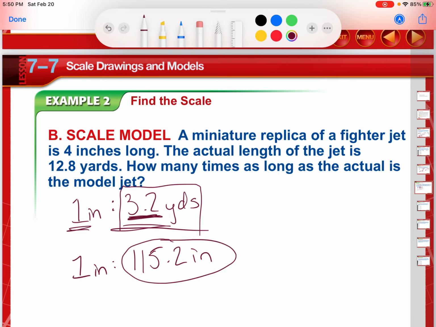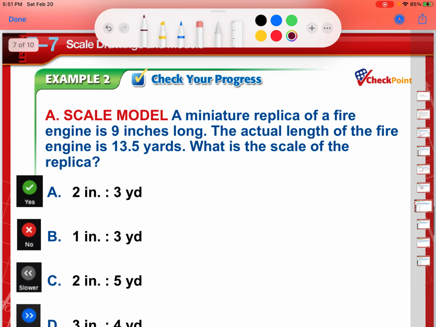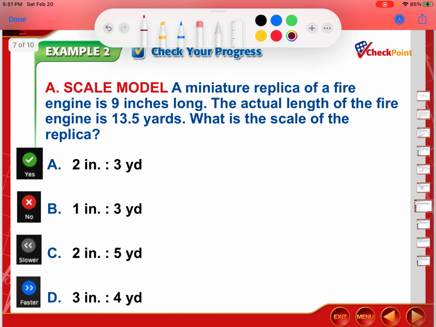So in that way, the real deal is 115.2 times bigger. And that would be our answer. So we have to make the labels match to get that how many times as long as the actual thing or how many times bigger, when they start talking like that and making it a little more confusing.